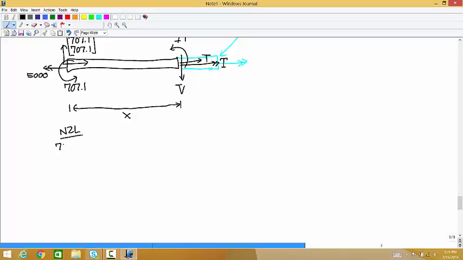So Newton's second law says 707.1 plus T, 0 plus 0 negative V is equal to zeros.